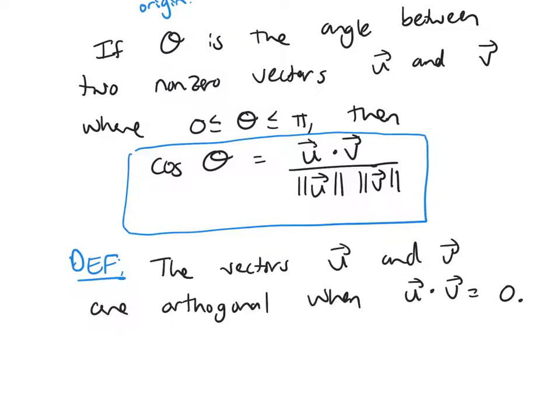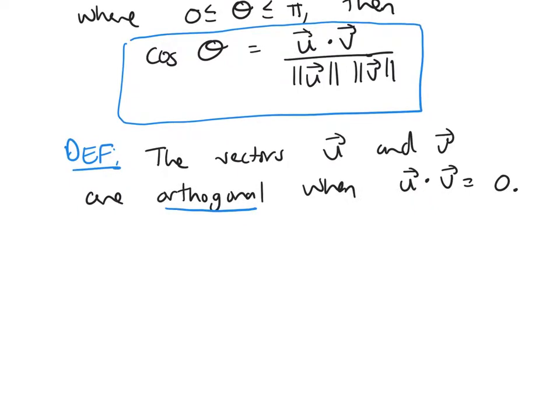So orthogonal here, you can think of it as the equivalent of perpendicular. So there's a 90-degree angle between the two vectors. All right, so let's look at a problem. Let's look at an example here.